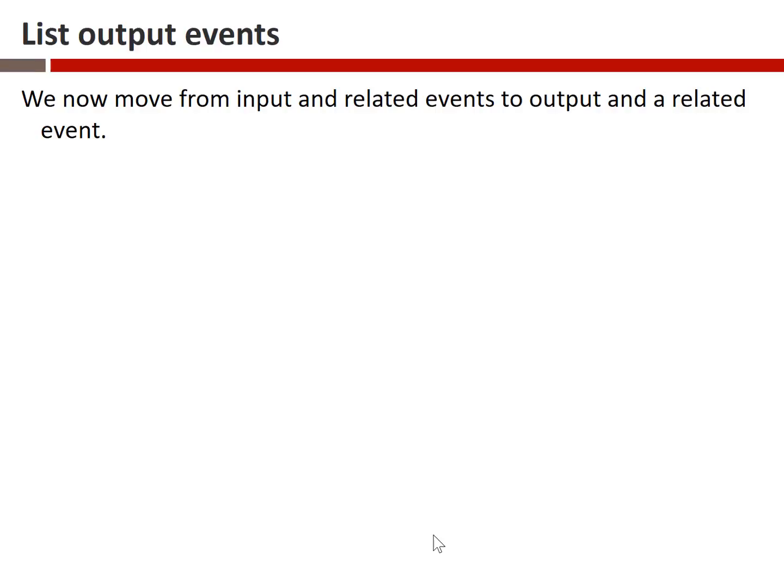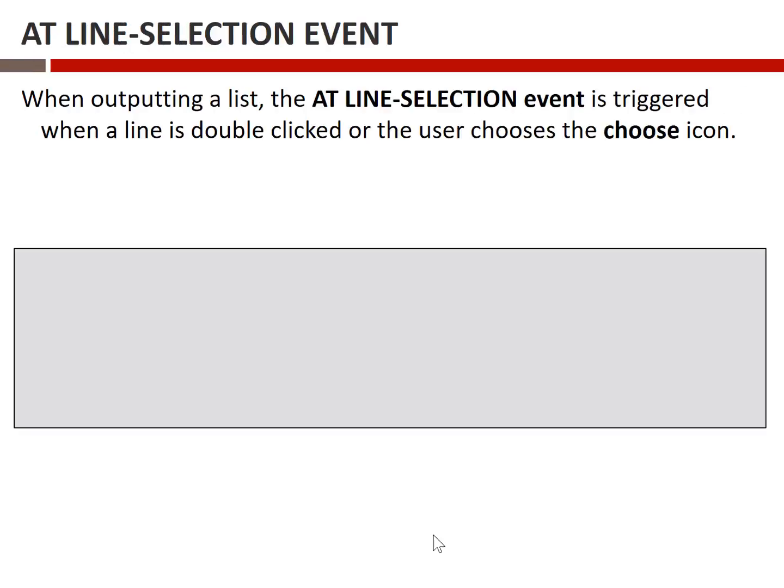Well, no longer will that be the case. We can now actually paint something to the screen and continue our interaction with the user, albeit in a different way. We have an event called @line selection.